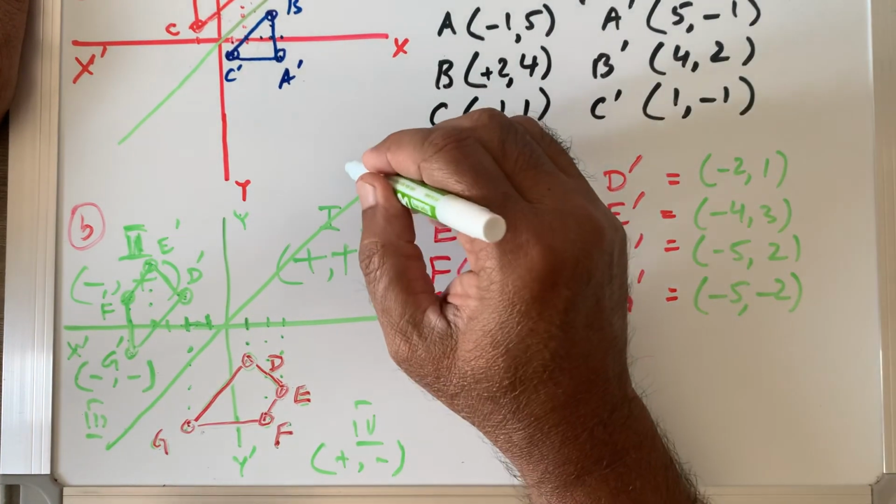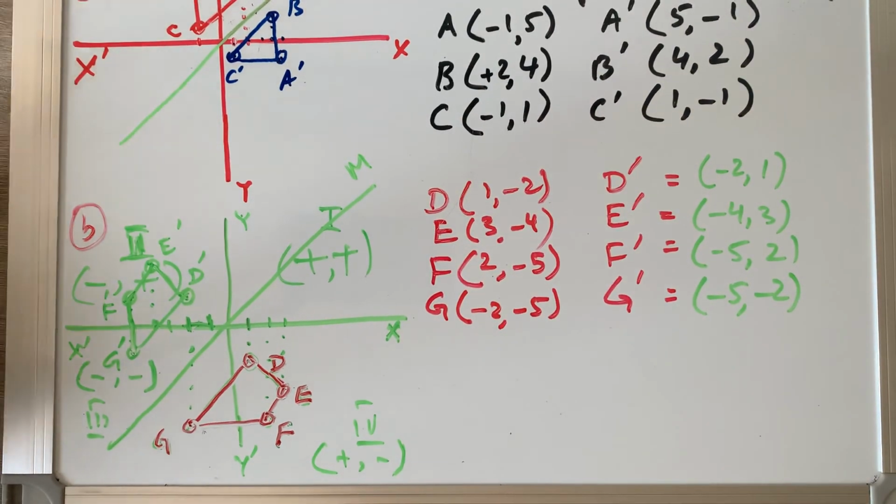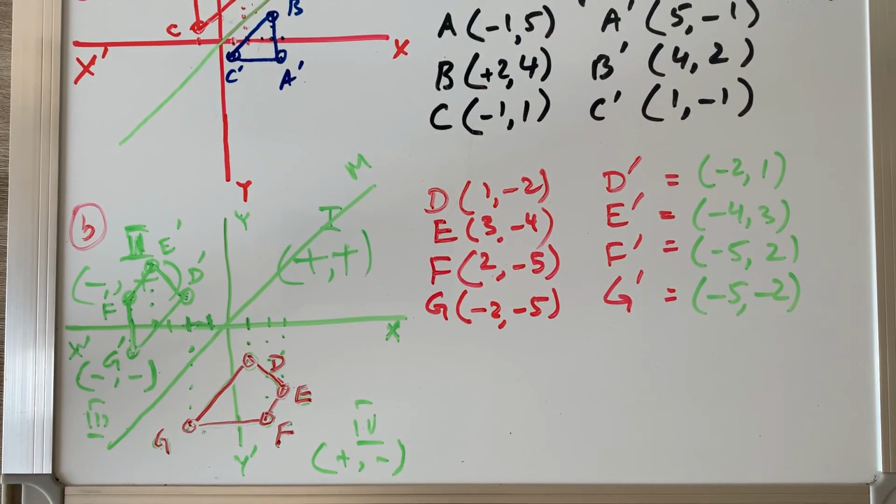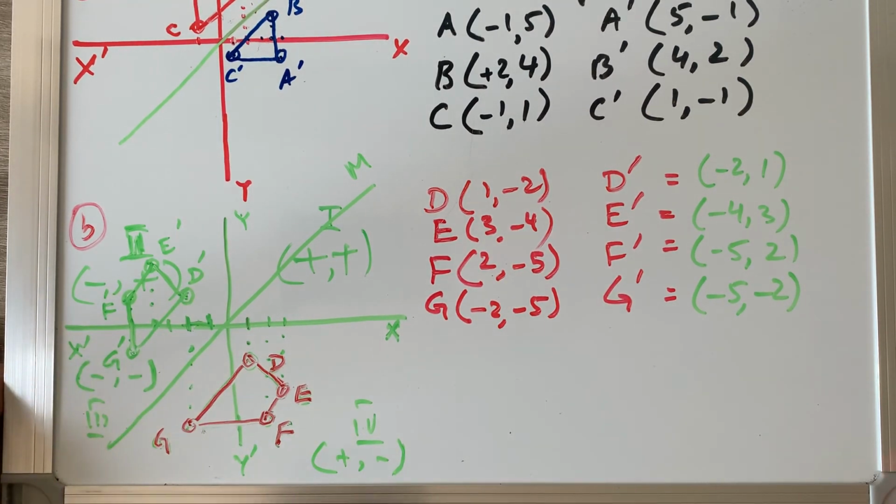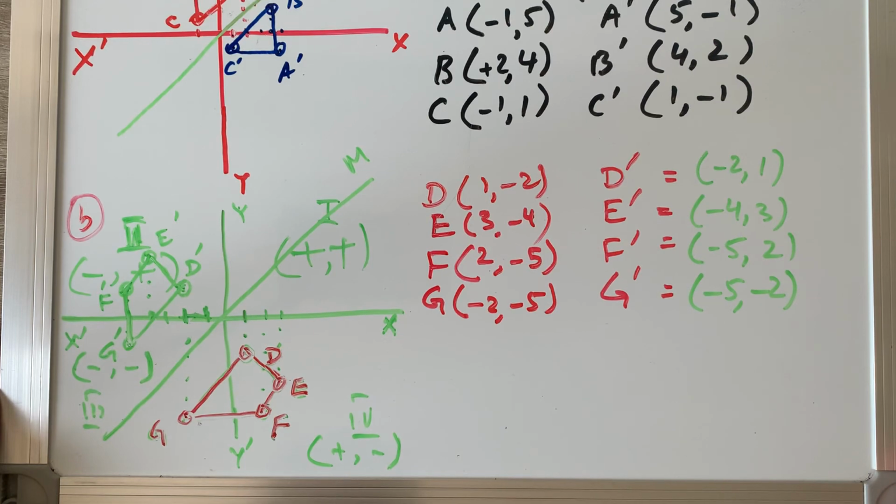This is my M. So we have to reflect it across M or in the line of M. Right? So we reflect this trapezoid in the line of M. And what was the thumb rule? Thumb rule was the same, that coordinate of each point in the image are interchanged.